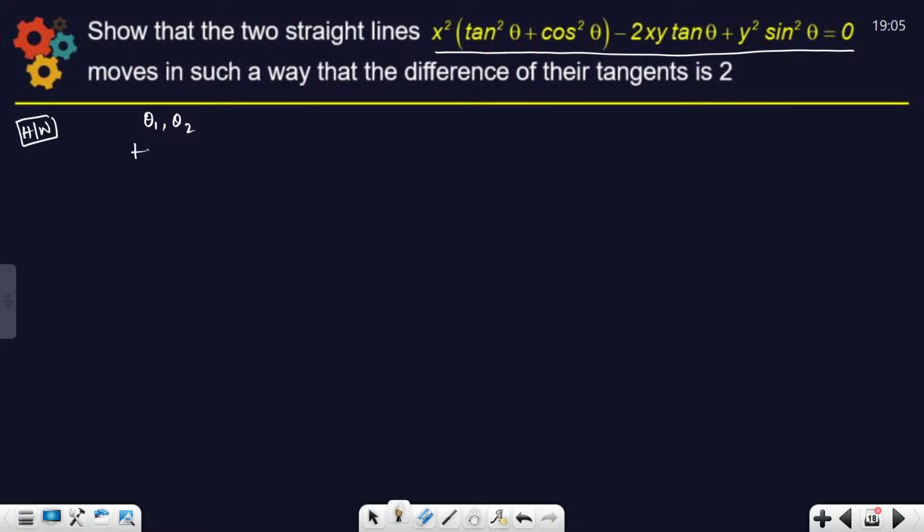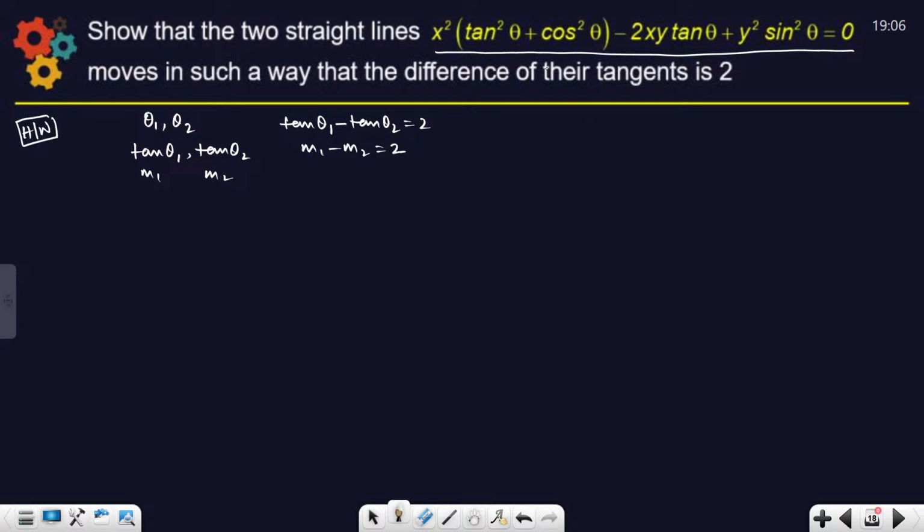So the slopes are tan θ1 and tan θ2. Yes or no? This is your m1 and this is your m2. These are the slopes of the two lines. Now they have said to prove that the difference of their tangents is 2. That is, you have to prove tan θ1 minus tan θ2 is 2. That is, m1 minus m2 is 2. That's exactly what you have to do.